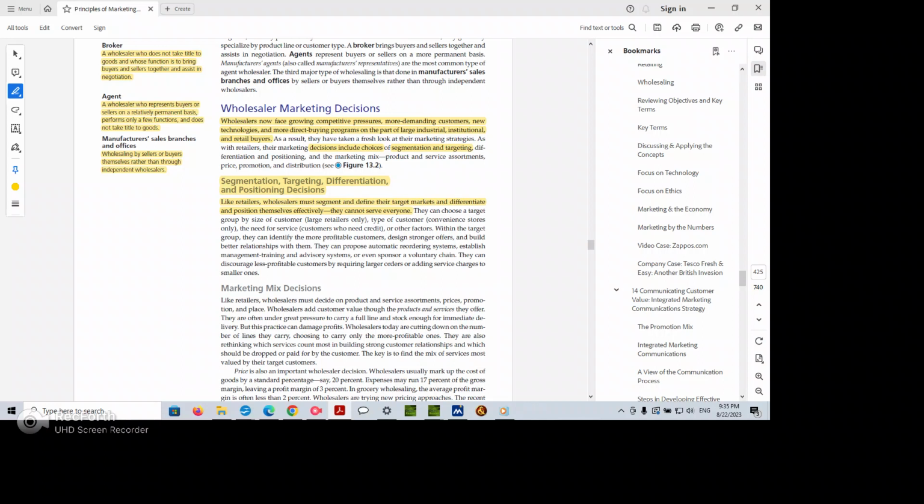They can identify more profitable customers, design stronger offers, and build better relationships with them. Okay, so when you buy from a manufacturer, if you have a well-established relationship, you can get something called an LOC, which is a letter of credit.